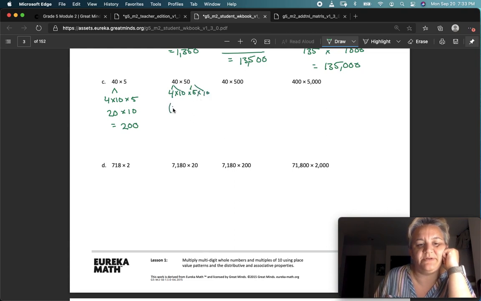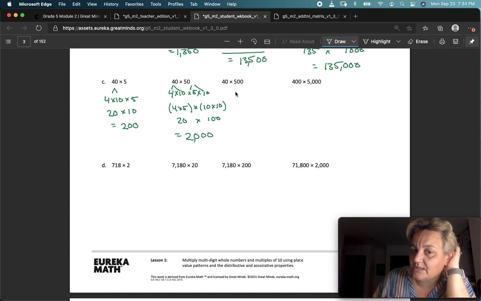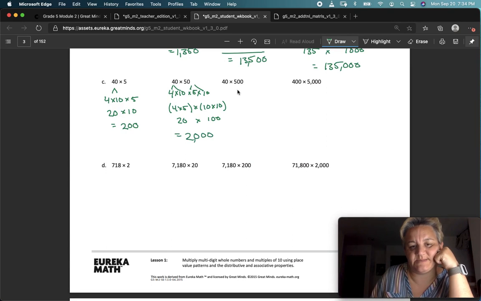And I'm going to redistribute 4 times 5 and 10 times 10, which gives me 20 times 100, which equals 2000.